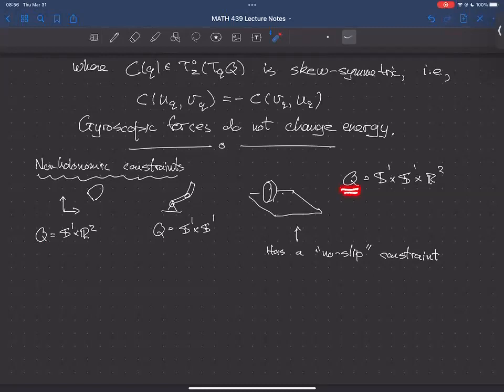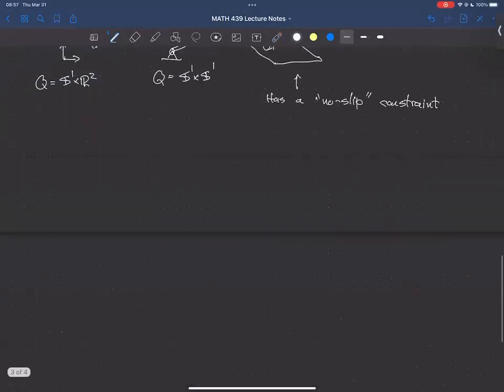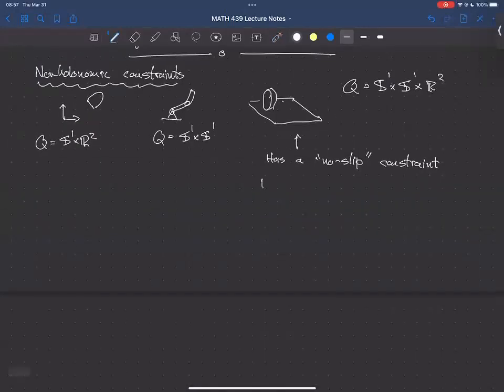We constrained the configurations always to lie in Q. With this kind of constraint, we're not actually constraining the position of the system, we're constraining the velocity of the system. So the constraint is on the velocity and not the position, not the configuration.